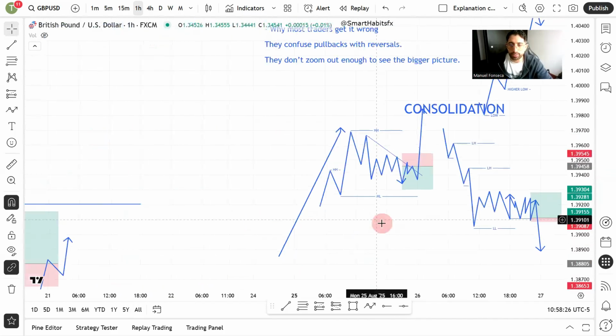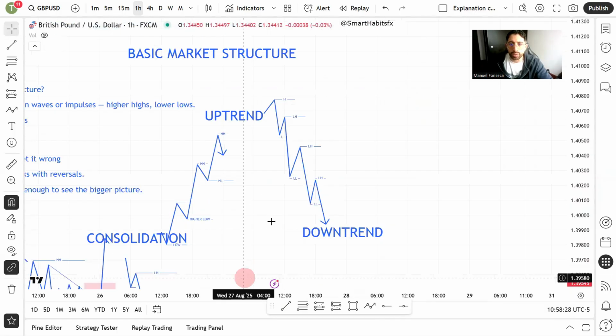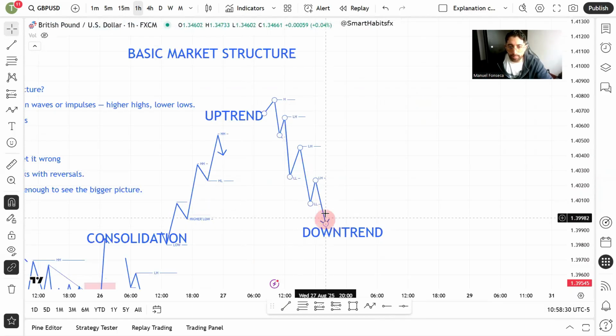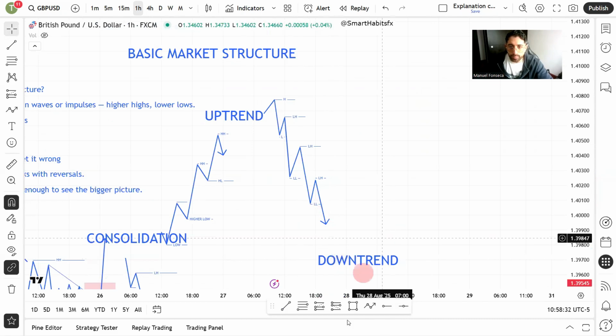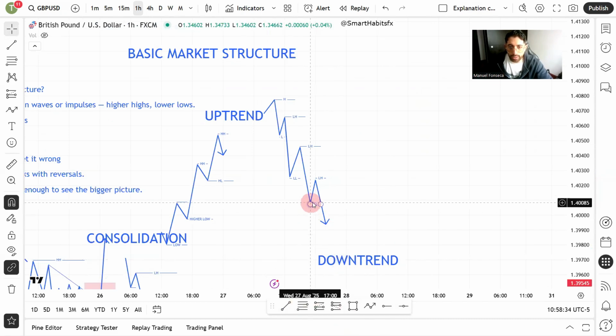Let's go to the examples of the downtrend. So we have here a downtrend, and in this example we can see that this is a lower low, this is a lower high, but this lower low is also the swing low, and this is the swing high. Remember that in each peak of the price there is the three-candle pattern. Now what happens after that?